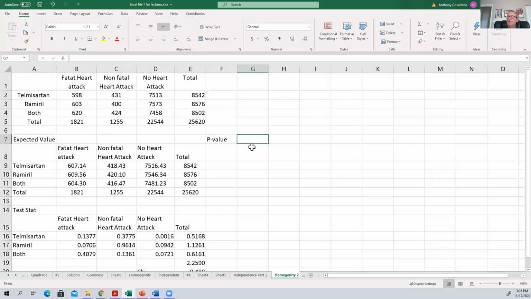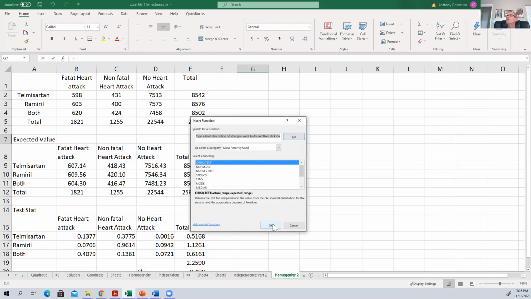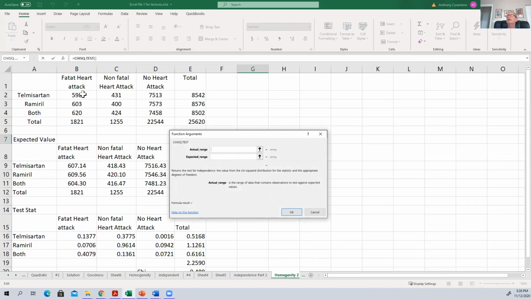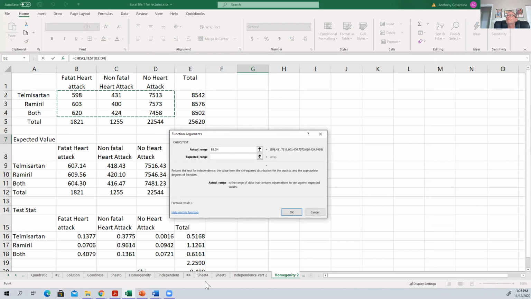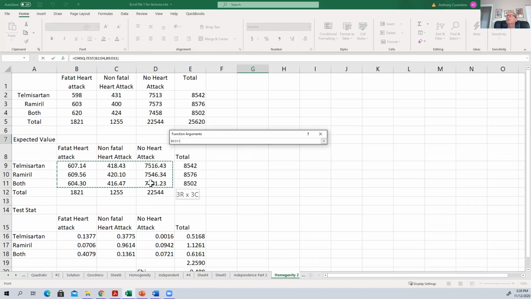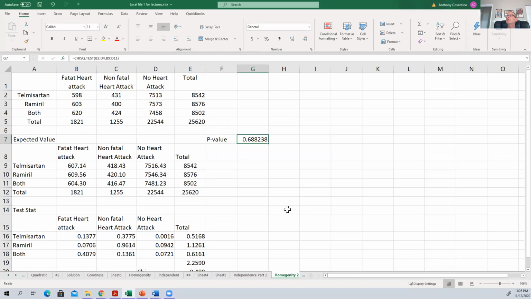And so again, we bring up that chi-squared test. And the actual is the observed, and the expected is the expected values that we calculated. And there we get a p-value of almost 70%, which is really high, right?